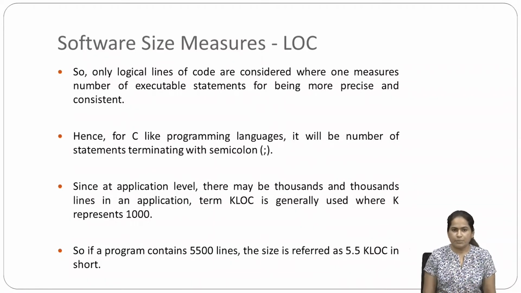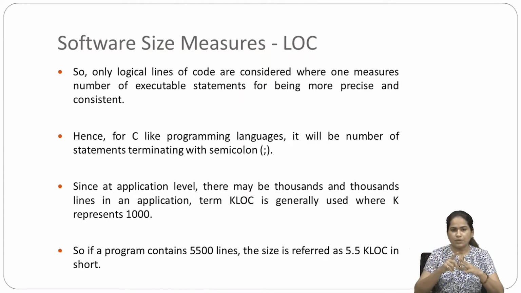With this approach, it may happen that a code has lines in the thousands or more. In that case, the line count will be written with the letter K. With LOC we add one more letter, giving KLOC, where K represents 1000.